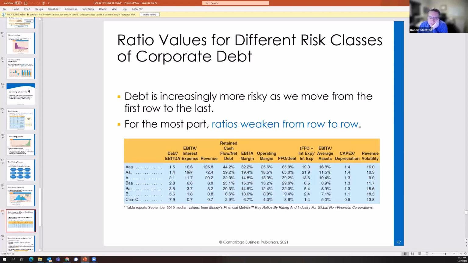Lower is worse on this ratio, and you can see that it goes lower as the rating goes down. And debt over EBITDA goes up. So that's how these ratios come into play. You start chunking in the ratios, strong ones with other strong ones, and that's what is justifying the rating.